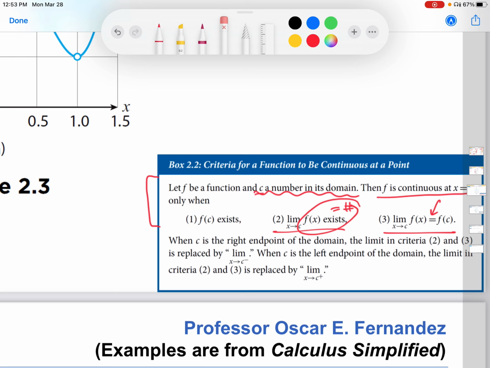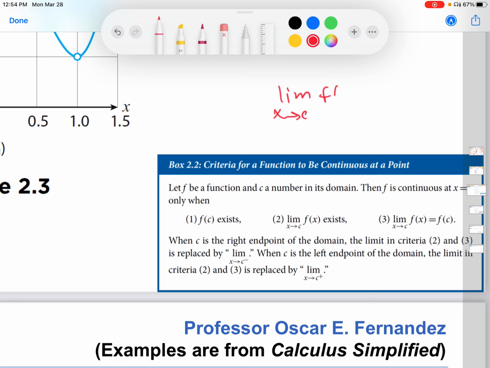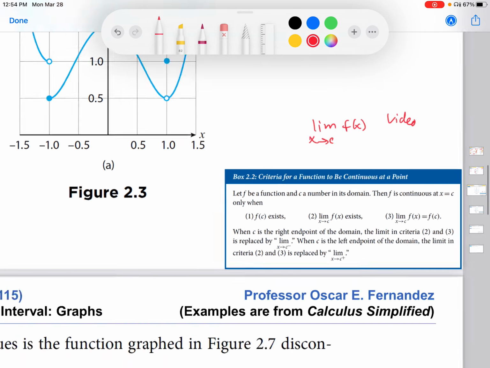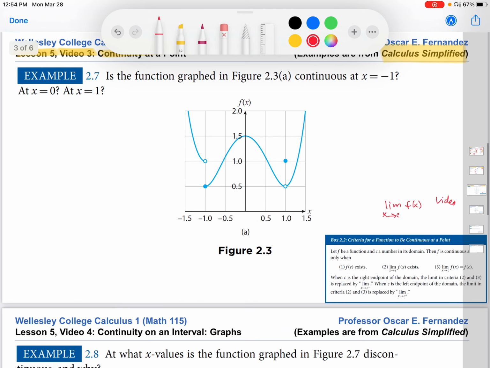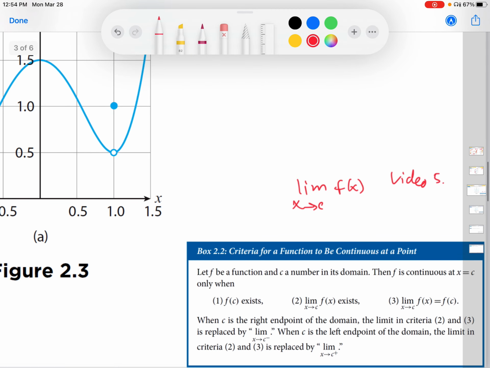So you might be thinking that this is somewhat like the three-part criteria for determining whether the two-sided limit exists, okay? And we did that in the video prior to this one, video 5.2. Review that if you need some more review of two-sided limits, when they exist and how we evaluate them.